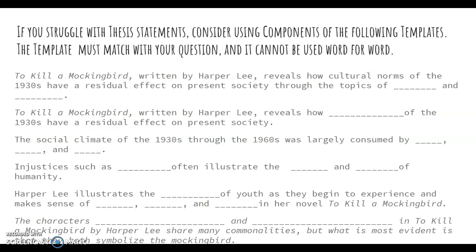You can tweak it, and of course, the blanks are meant for you to fill in with your own topics and words. If you're struggling with a question, you may want to look at these thesis statement templates to sort of spark some ideas for you in creating the question. Okay? So if you need these, they're there and available to you.